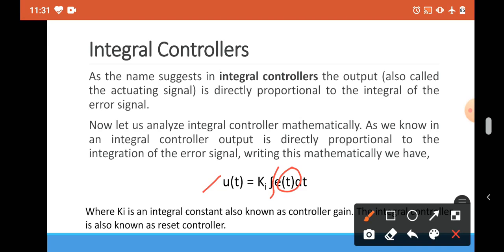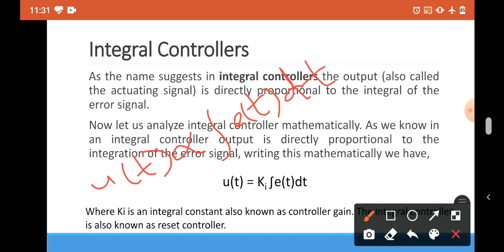So the first thing you see here is this u of t is in proportion to the integral of your error signal.